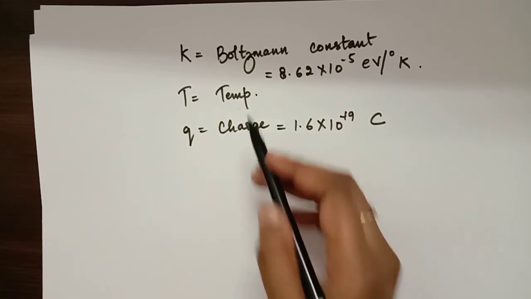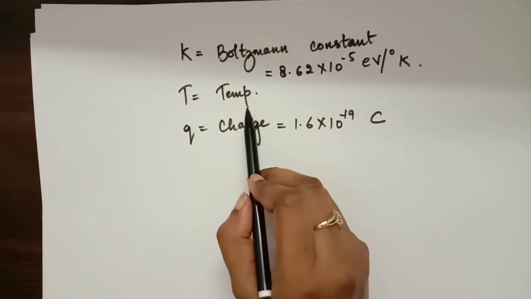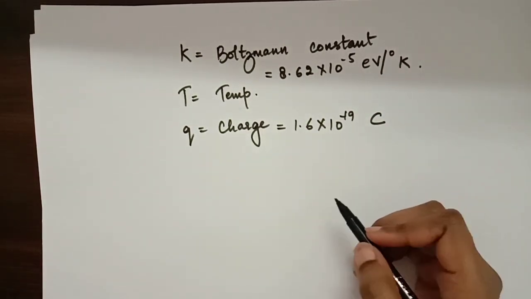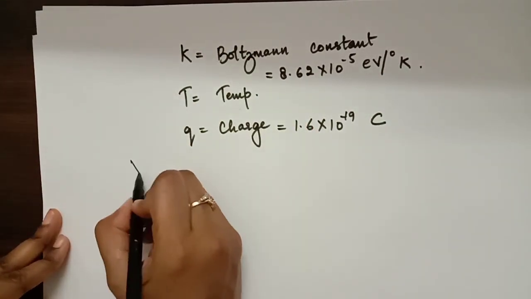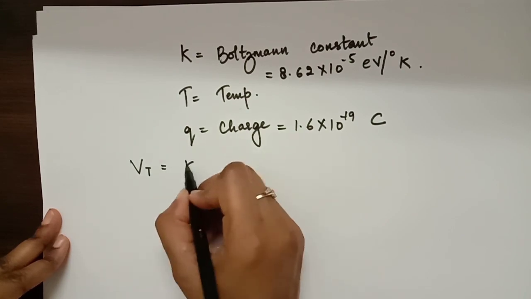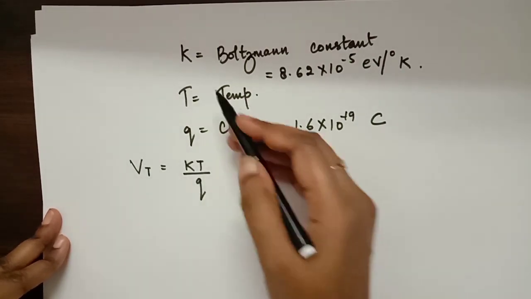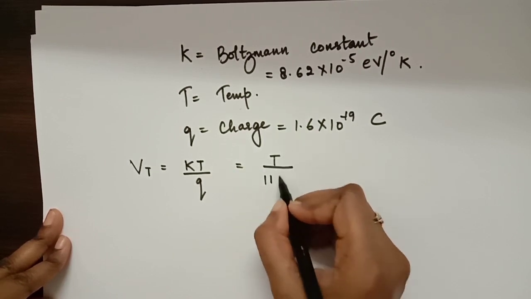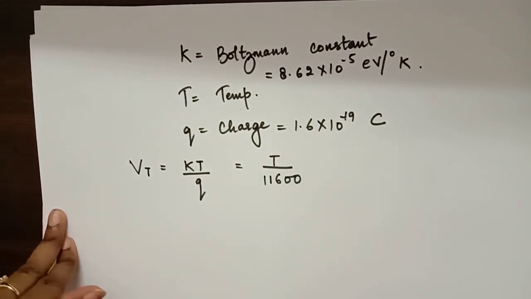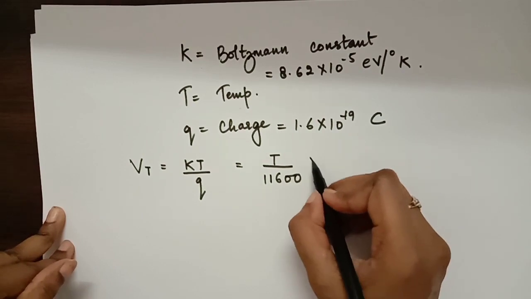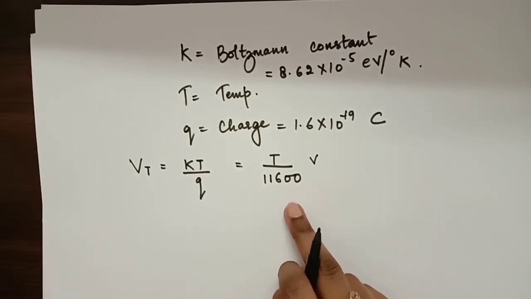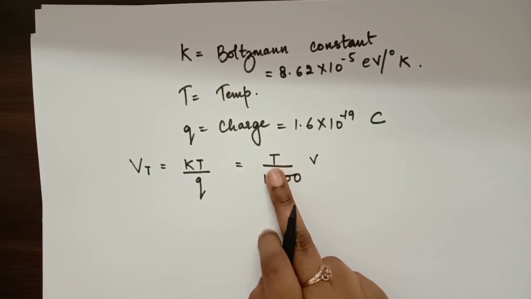The temperature will be given in the question, or if room temperature is given, that is 300 Kelvin. So what I am trying to tell is VT is equal to kT by Q, and you can put the values of K and Q over here. You will get T upon 11600 volt. You can learn this value, and accordingly put whatever temperature is given.